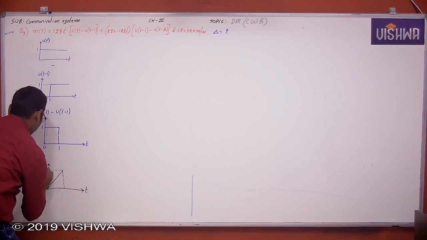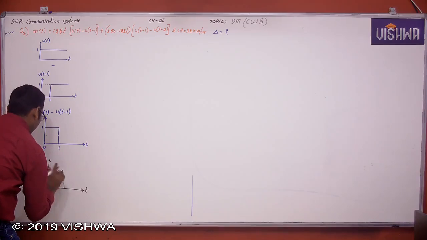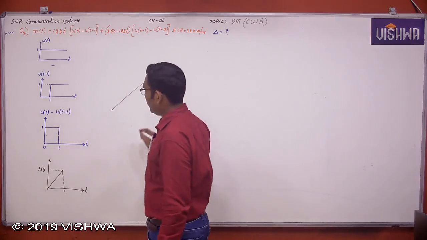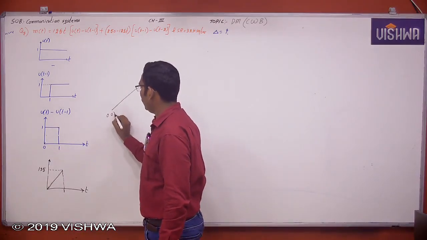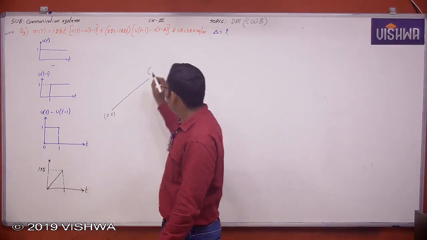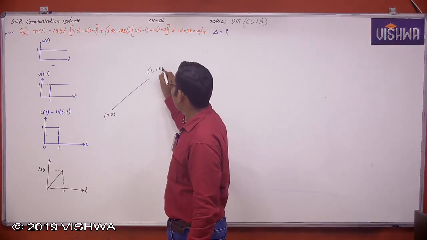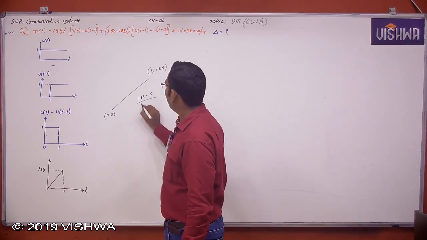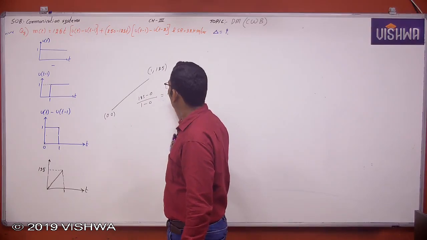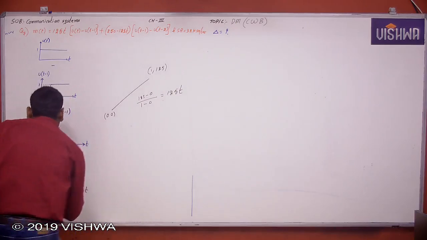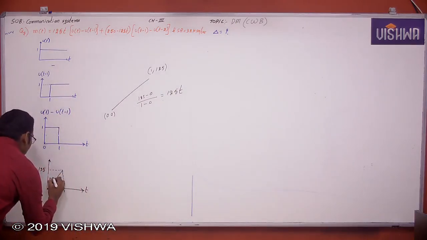Taking the point 0, 0 and the point 1, 125, the slope is 125 minus 0 by 1 minus 0, which is equal to 125, linearly varying with respect to time. So this is 125 t.